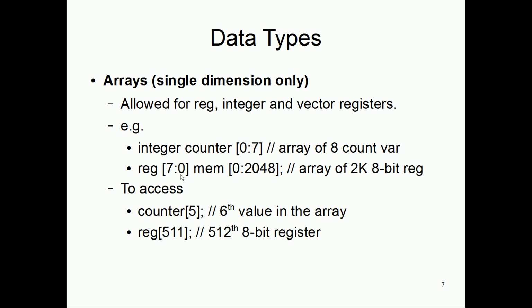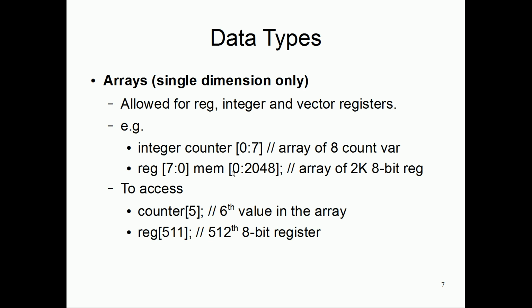Now, if I specify like this, reg [7:0] mem [0:2047], which means I am defining an array of 2 kilo storage, each of which is an 8-bit bus, 8-bit groups.